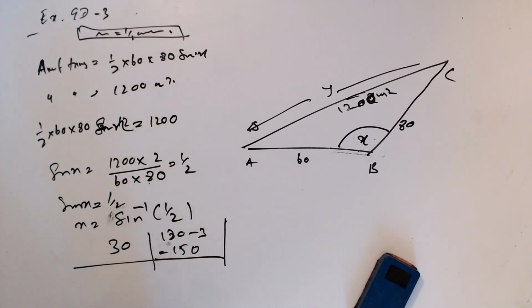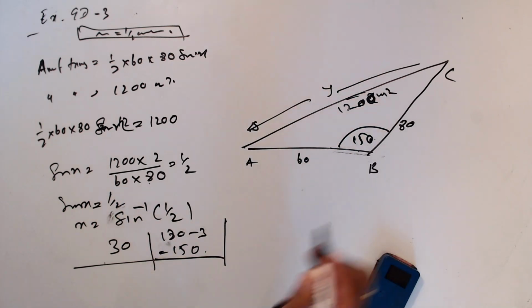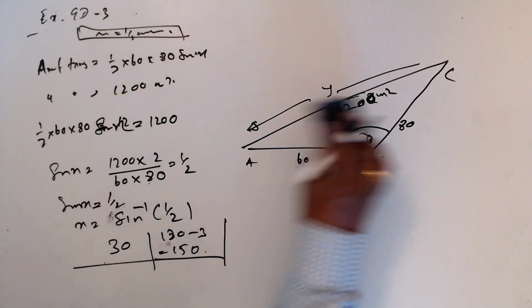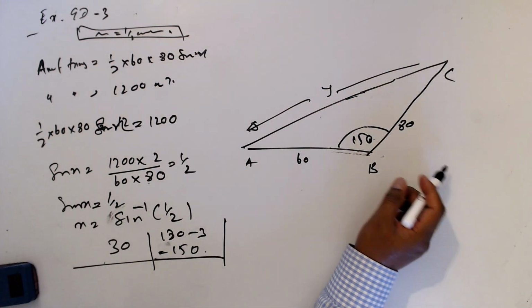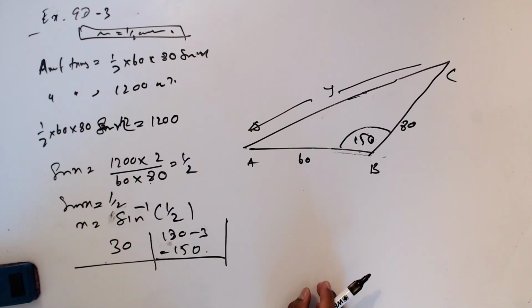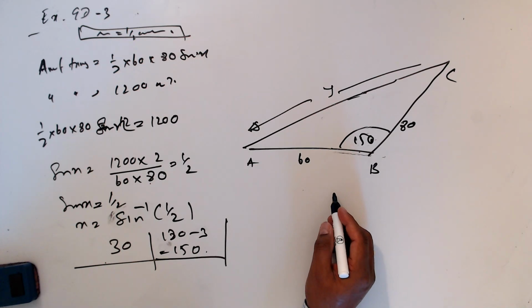Now they are directing us not to go for 30, but to go for 150, because they asked us to show this is 150. Then we have to take that 150. Now we know the angle, so see whether it works for the cosine rule. Yes, for the cosine rule it works.